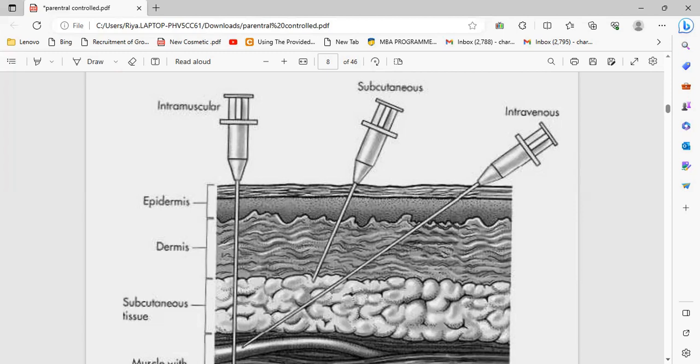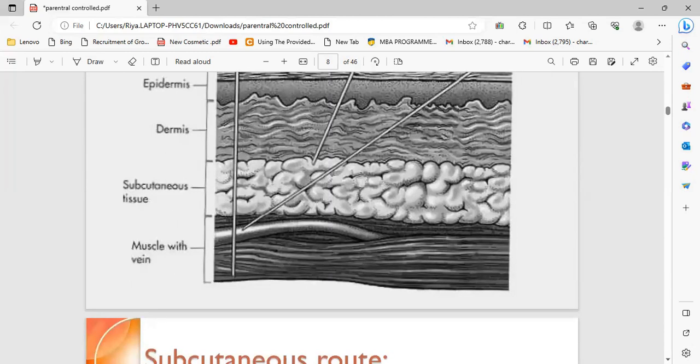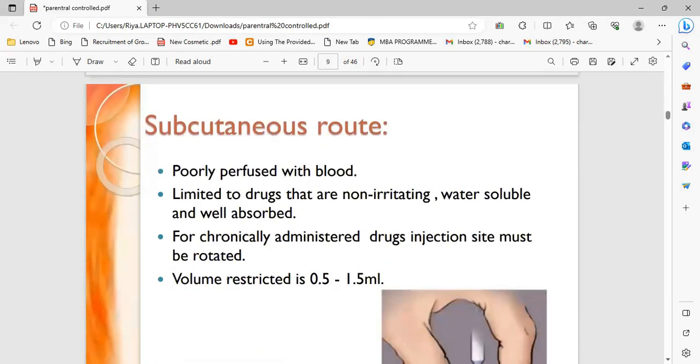In the case of intramuscular, it extends directly to the muscular part, which is nearer to the bones. So it extends much deeper when compared to the subcutaneous and intravascular systems.